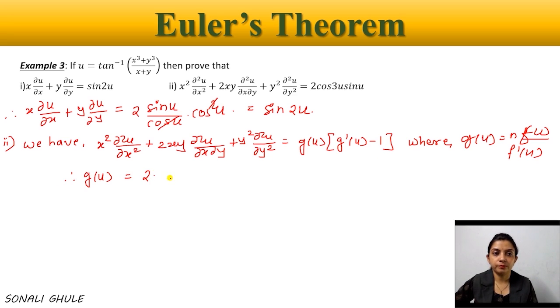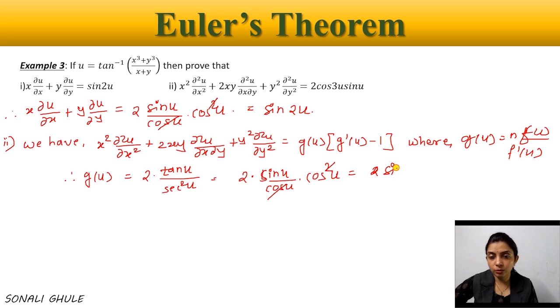Right? So therefore g of u is equal to, n is what? 2. Right? Now f of u, it is tan u, and f dash of u, it is what? Sec square u. So I get here 2 sin u upon cos u into sec square u, that I can write as cos square u. Gets cancelled, and it is what?